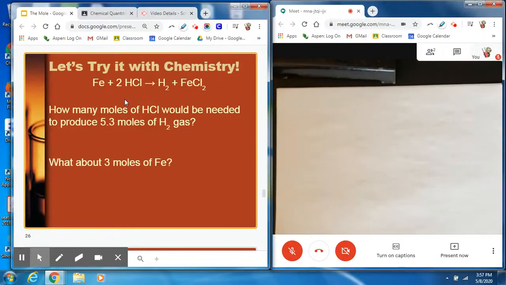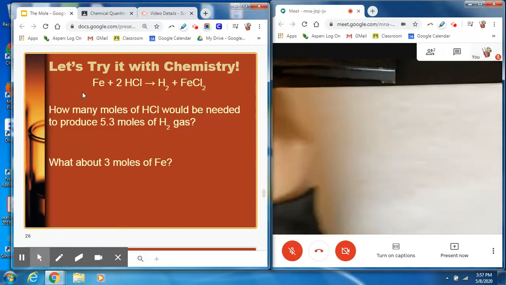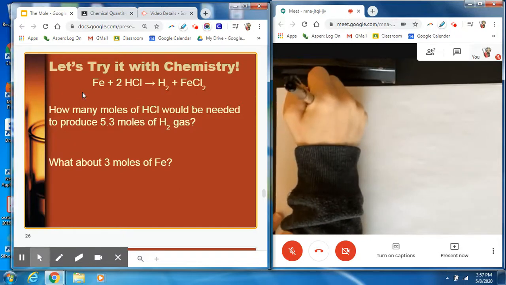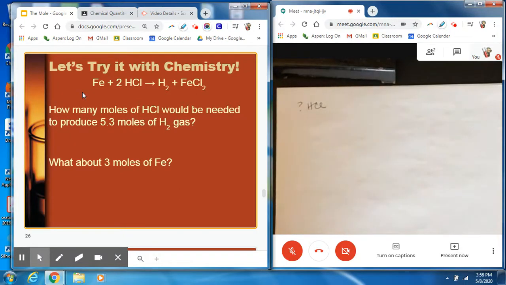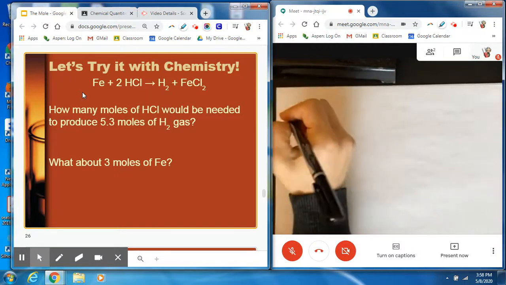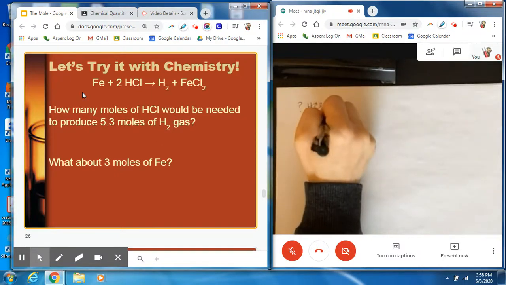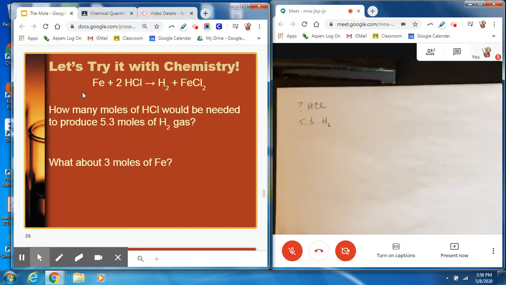So this question asks, how many moles of HCl are required to produce 5.3 moles of H2? And so what we need to look for is a relationship between HCl and H2. Now, the relationship between HCl and H2 comes from this chemical equation. 2 moles of HCl will give us 1 mole of H2.